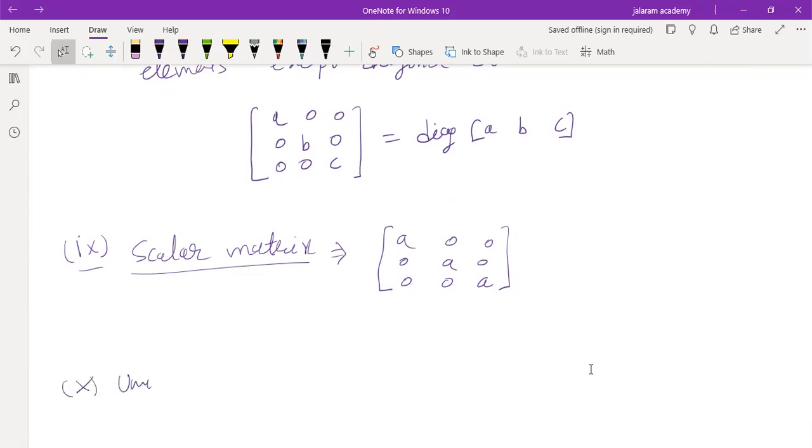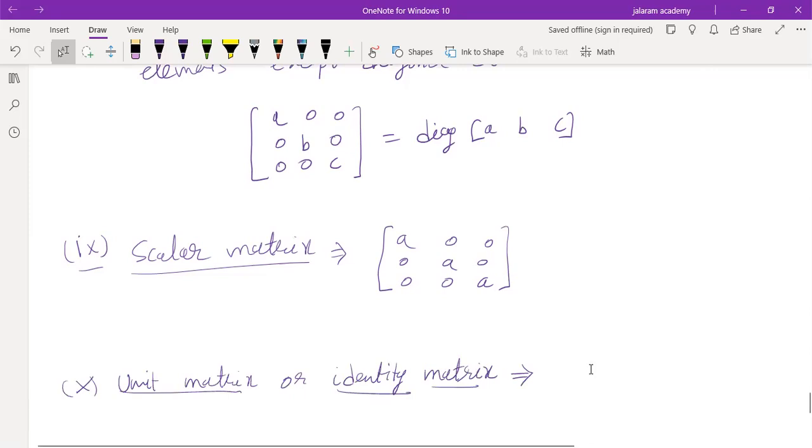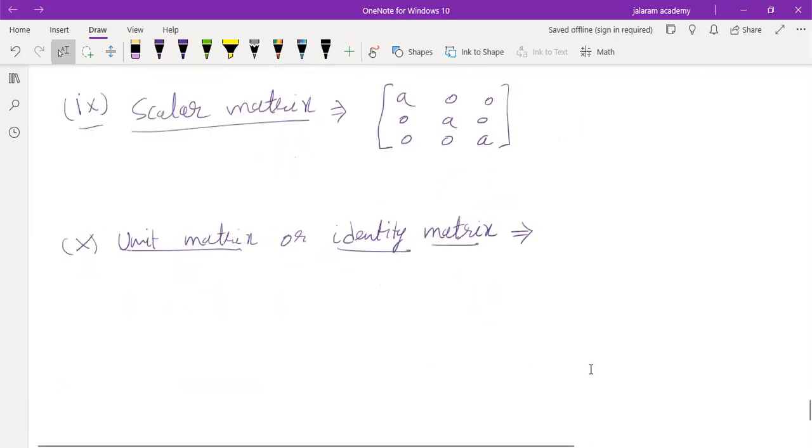Unit matrix or identity matrix is a type of scalar matrix in which all the diagonal elements are 1.